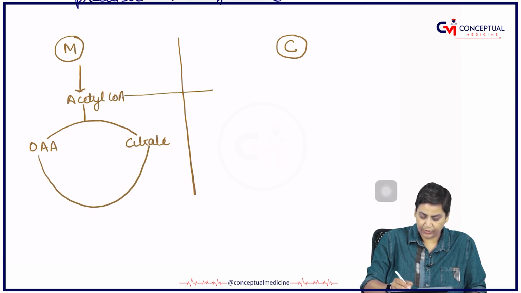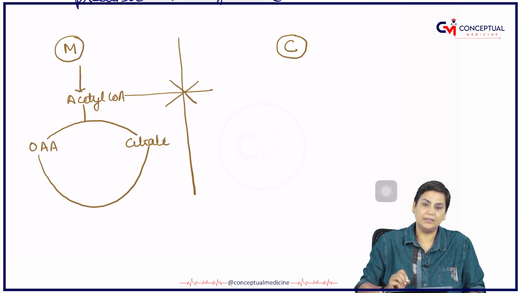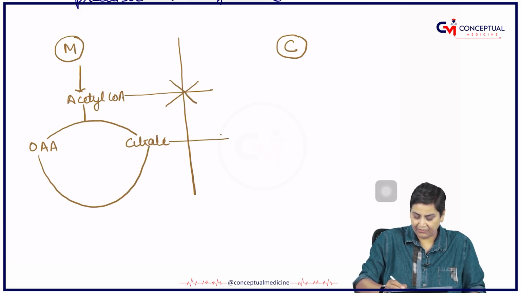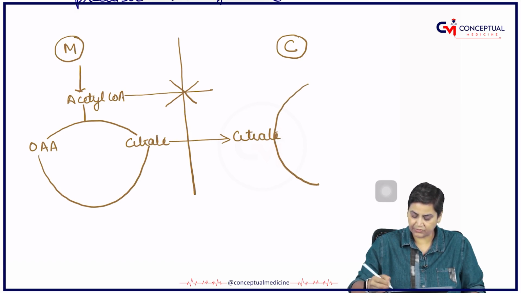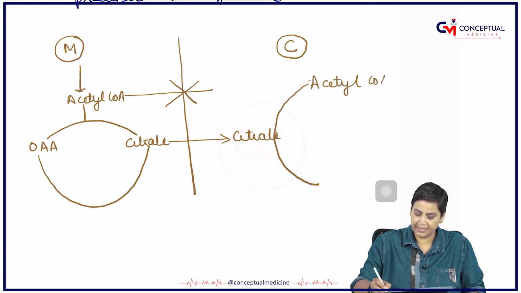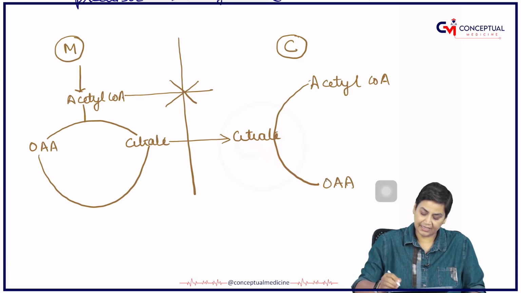Now this acetyl coenzyme A is impermeable. So this citrate will travel like this, and here it will be converted into the products from where it is produced. So it is going to form acetyl coenzyme A here and oxaloacetate. And here the name of the enzyme is ATP citrate lyase.